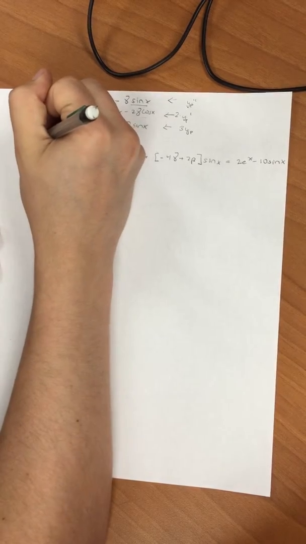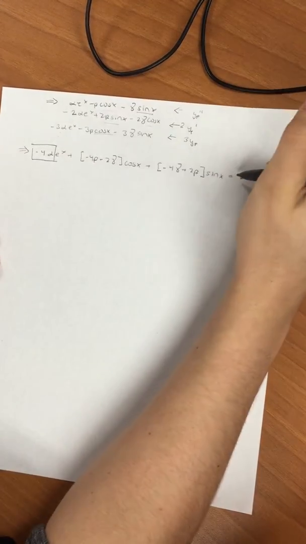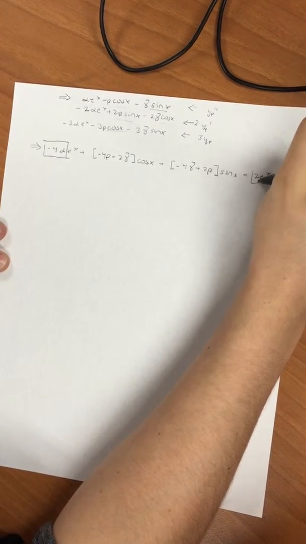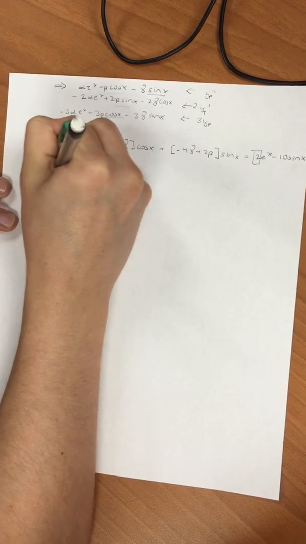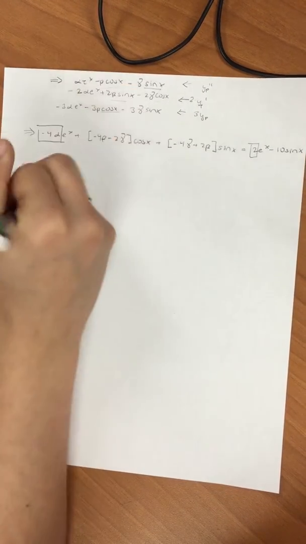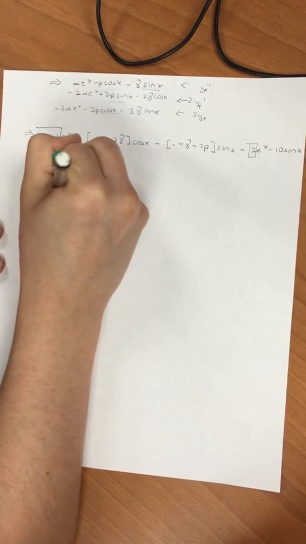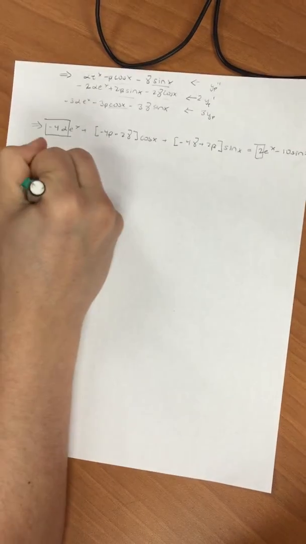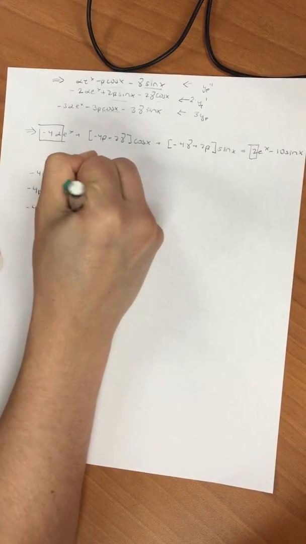So we can see that we have some common factors here and here. So this is going to be negative 4 alpha is equal to 2. So we can say negative 4 beta minus 2 gamma is equal to 0. And negative 4 gamma plus 2 beta is equal to negative 10.